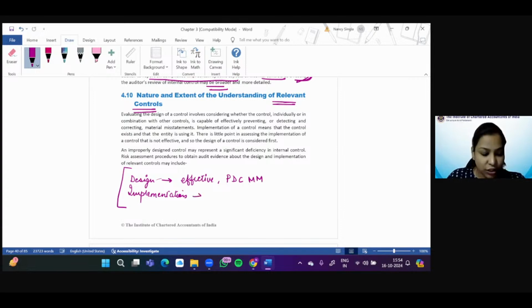And implementation means whether the internal control so designed actually exists and whether it has been used by the entity.